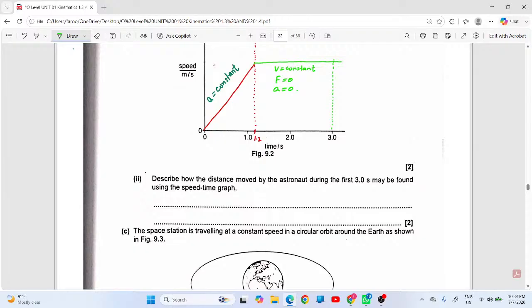So area under the graph. हाँ जी, the area under the speed time graph gives the distance moved by the astronaut.